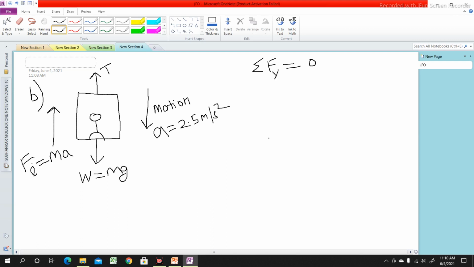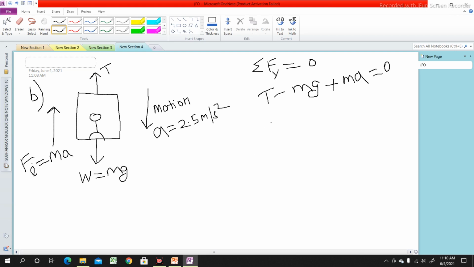Now let us write down the force equilibrium equation for this lift, that is summation of Fy equal to 0, because forces are acting only in y direction. What is summation Fy equal to 0? It will be plus T acting in positive y direction, minus mg, weight of the man acting vertically downward, plus inertia force, that is ma, which is acting along positive y-axis, is equal to 0.